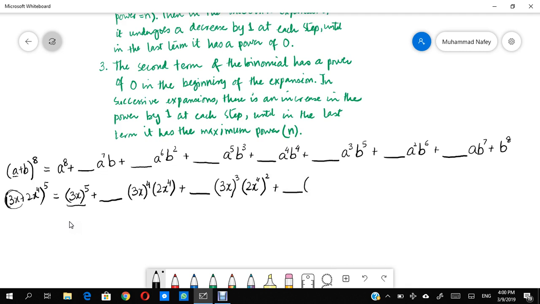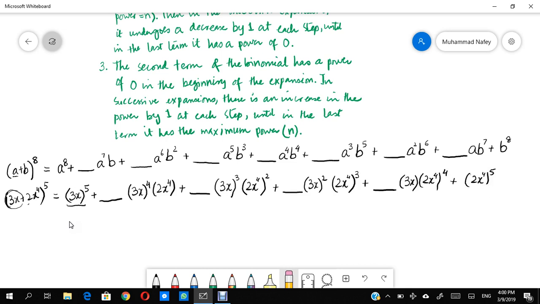Then we have 3x whole squared times 2x to the power of 4 cubed, add 3x, and 2x to the power of 4 has a power of 4, add 2x to the power of 4, this time has a power of 5. This is our last term. In the last term, the second term of the binomial gets the maximum power.